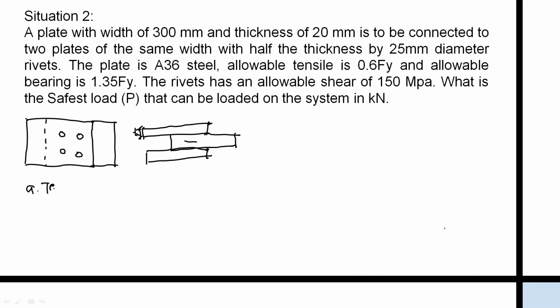First is the tension on gross area. So what is our gross area? As you can see, if we apply your load P here, in this part, there's a thickness of 20 millimeter resisting our force.